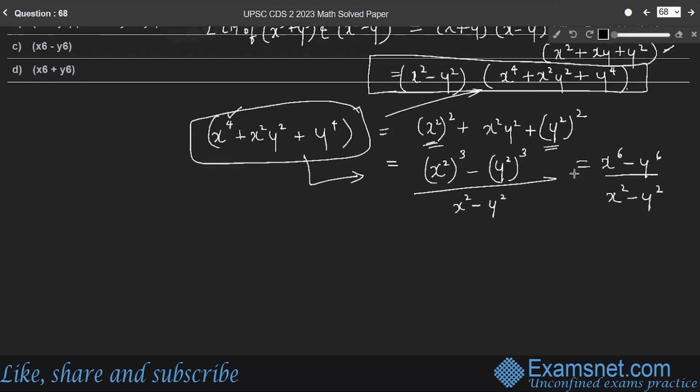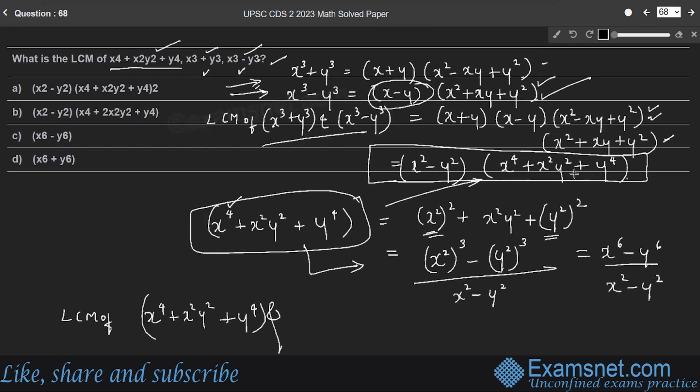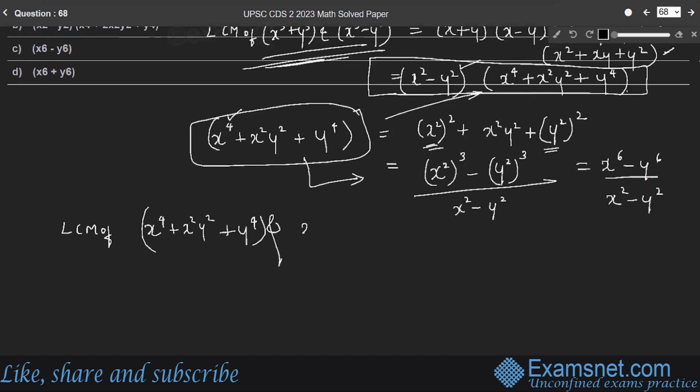Therefore, the LCM of x raised to 4 plus x square y square plus y raised to 4, which is the first term, and the last two terms, whose LCM is x square minus y square into x raised to 4 plus x square y square plus y raised to 4.